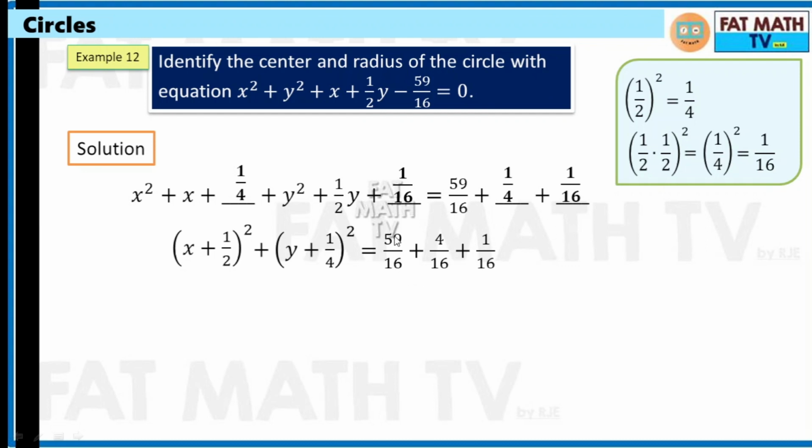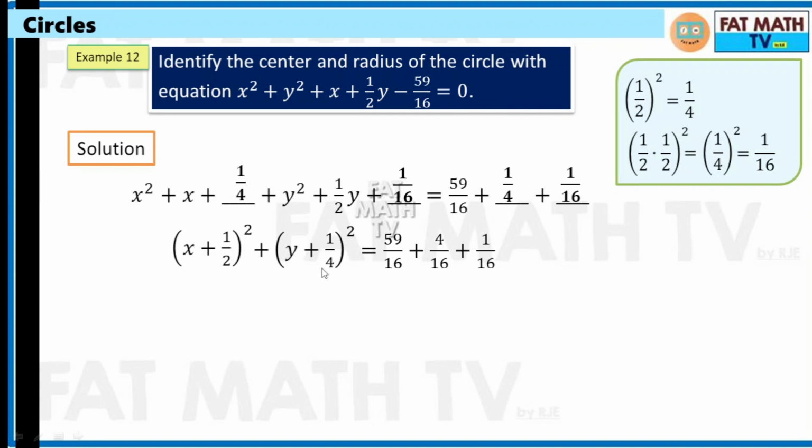We don't have a problem for the first term and the last term, just the middle term. What is the equivalent of 1/4 in such a way that you make the denominator 16? 16 divided by 4 is 4. 4 times 1 is 4. So the equivalent of 1/4 is 4/16. And this time, the three fractions are now similar fractions. We can already add them.